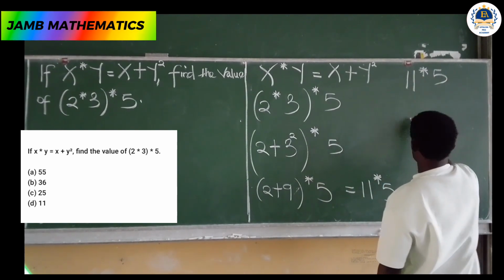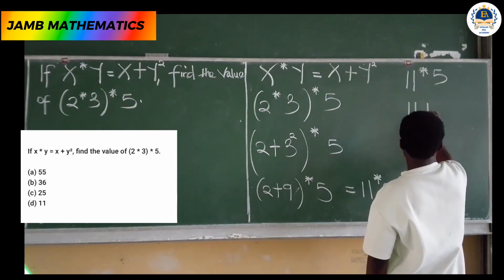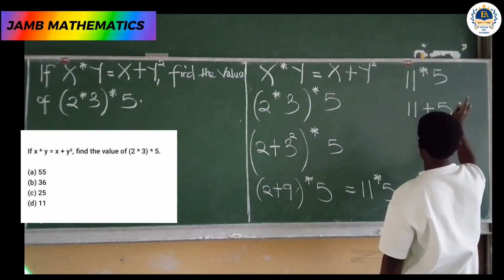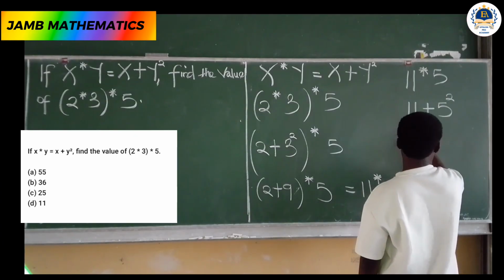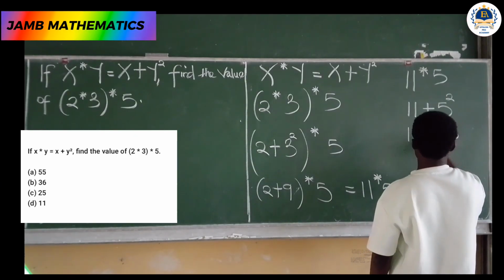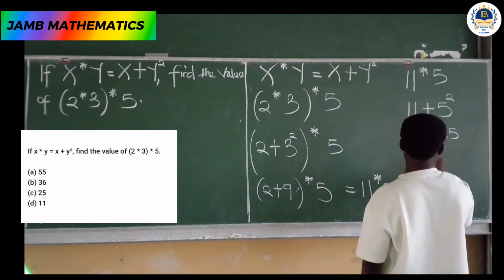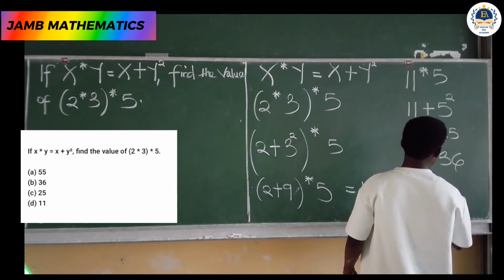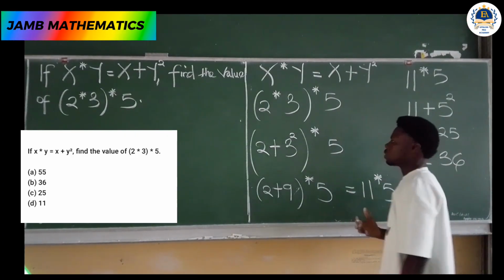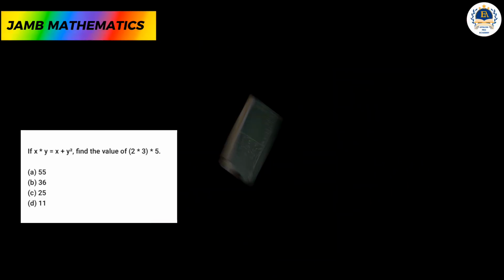So that will give 11 plus 5 raised to the power of 2. And this gives 11 plus 25, which is equal to 36. So the correct option on the board is 36.